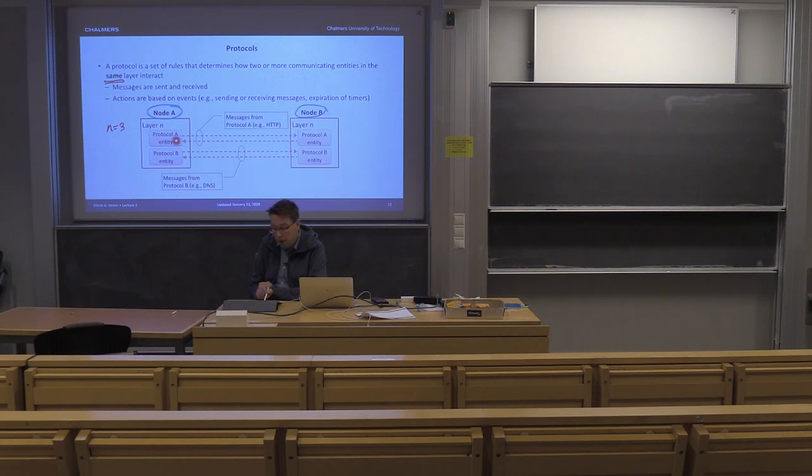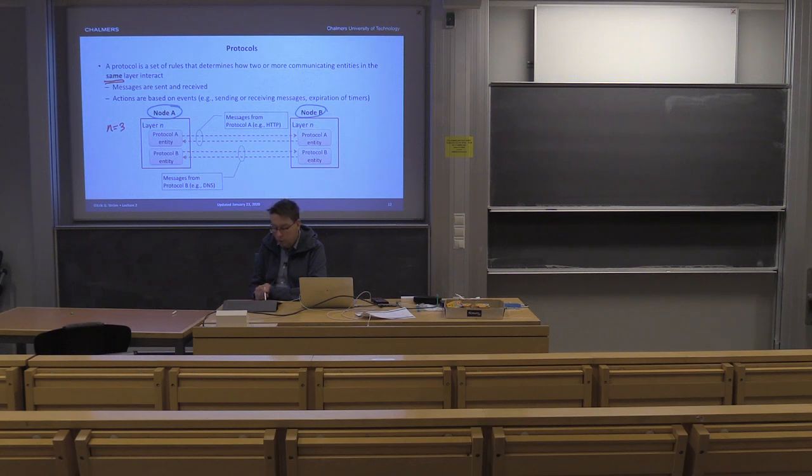This protocol A talks to another protocol entity in node B. So protocol A sends messages this way and receives messages this way. So there are messages going back and forth here. And the syntax of these messages is specified by the rules of the protocol. So maybe this is HTTP, then these are HTTP messages going back and forth.